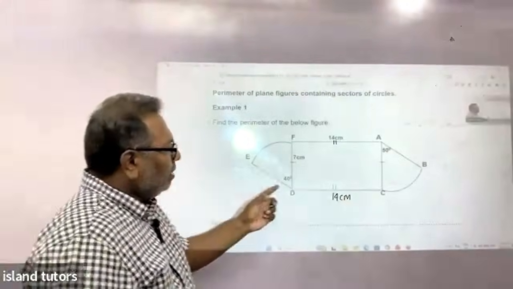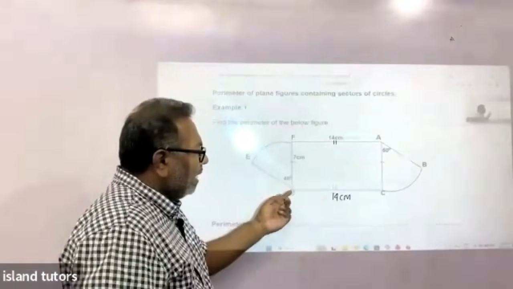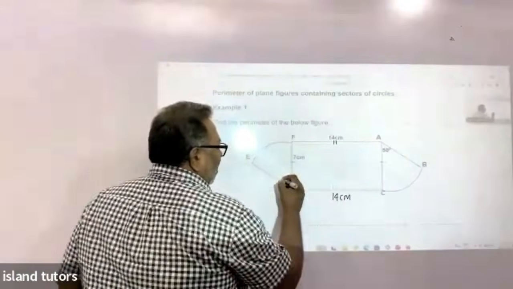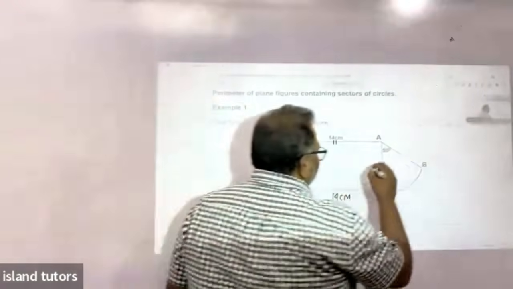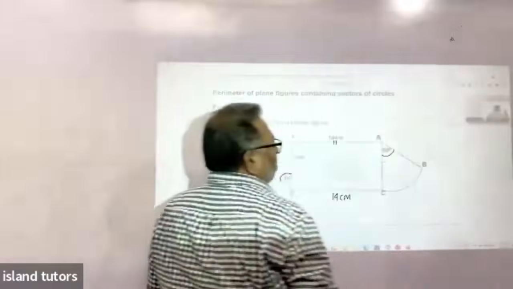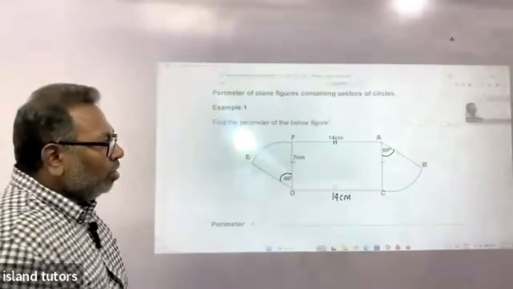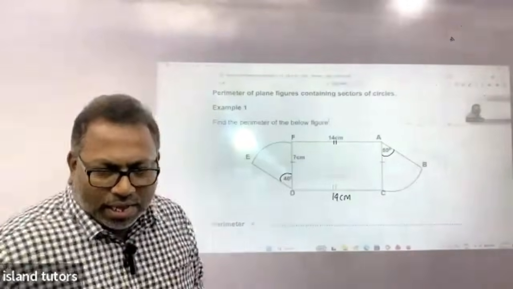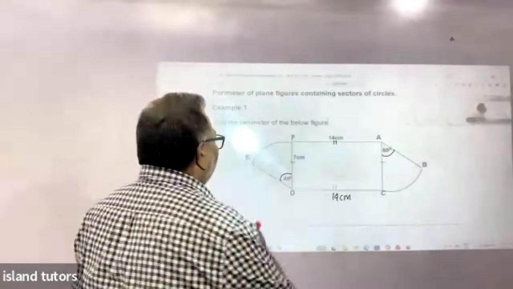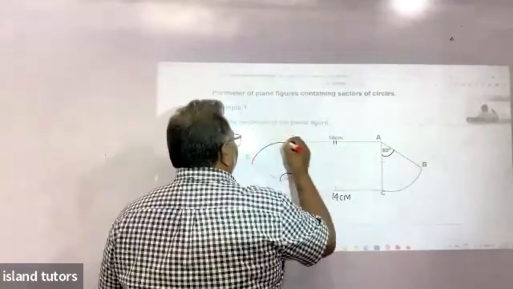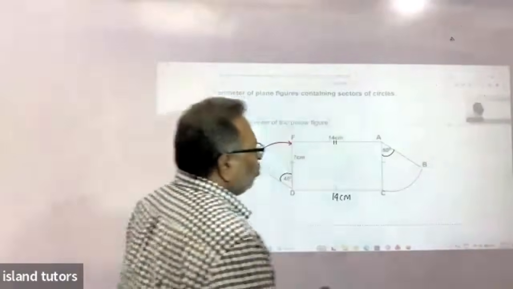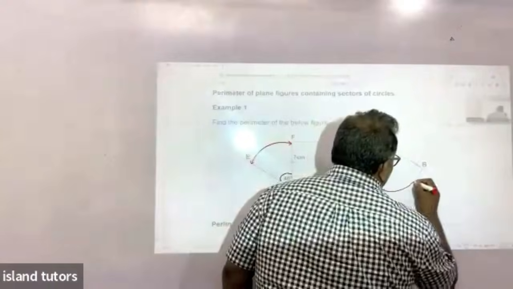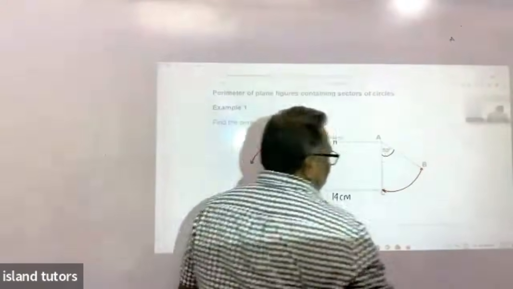Then this is a sector, and this is your central angle. They have given it to you as 40 degrees, and this central angle is given as 50. So in order to find the perimeter, you have to find the length over here, which is your arc EF, and you also have to find the arc over here, BC.